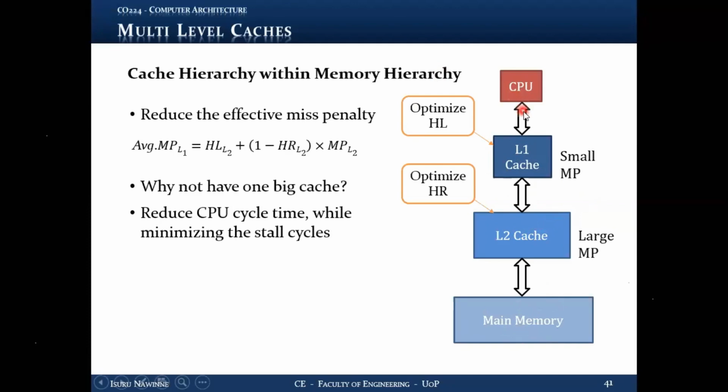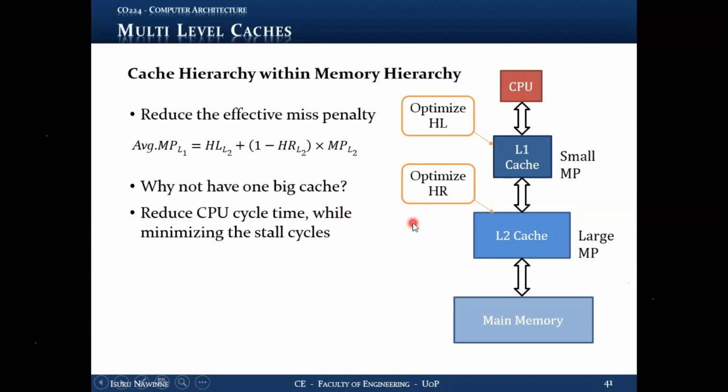In the event that you have a miss here, the number of clock cycles the CPU has to be stalled is less, because most likely that access is served at the second level cache. So the number of stalled cycles is less, and the size of a cycle is reduced because of the optimized hit latency. Your overall performance is usually improved with a technique like this. So you optimize the top level for hit latency, and optimize the bottom level for hit rate.